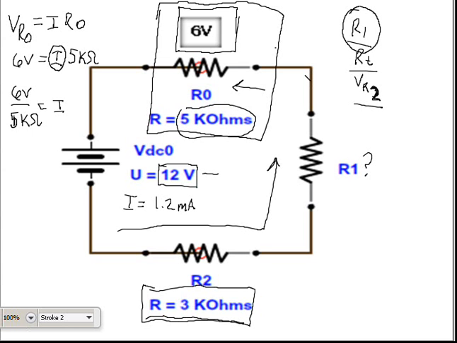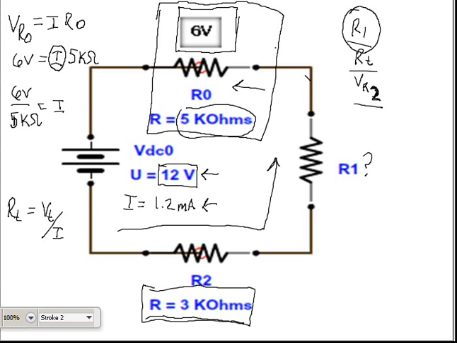Well, I know what the total voltage has got to be. I know what the current running through the system is. So total resistance is equal to total voltage over current.